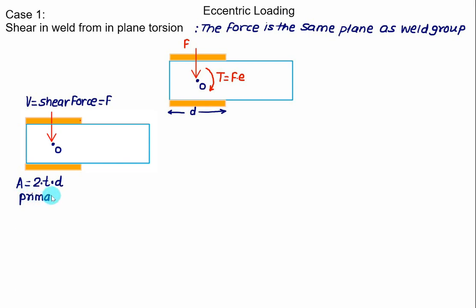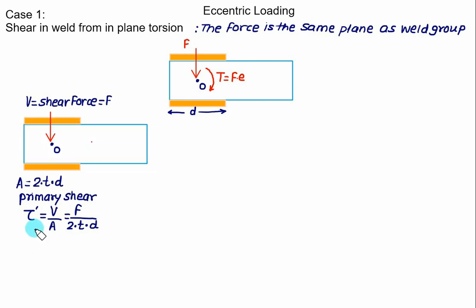So we have the primary shear, which we represent as tau prime, equal to the shear force V divided by area A, which is equal to the force F divided by the total area, 2 times the throat thickness multiplied by the length of weld D. Throat we can replace as 0.707 times the leg size.